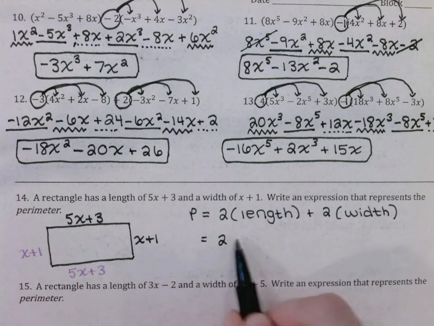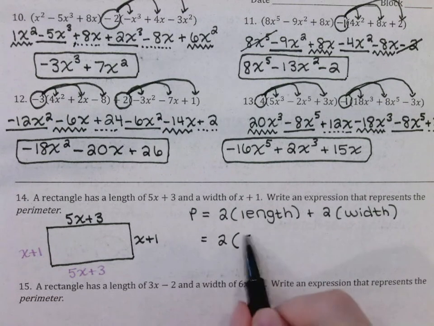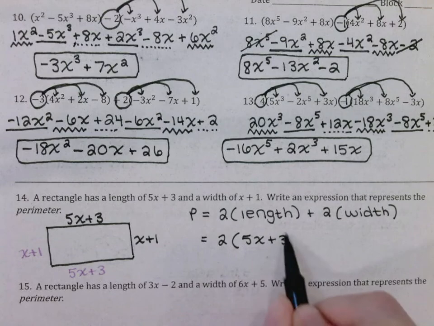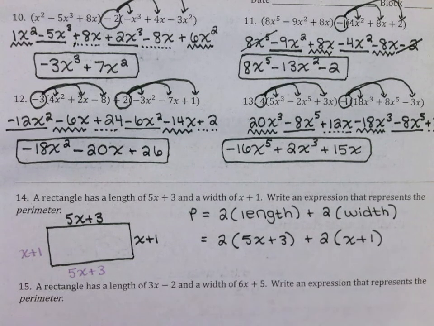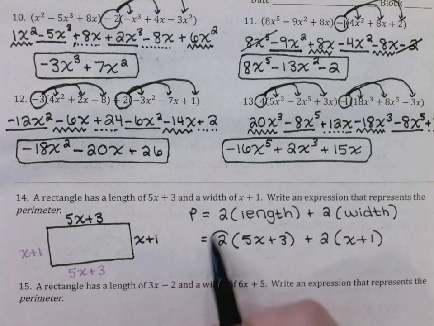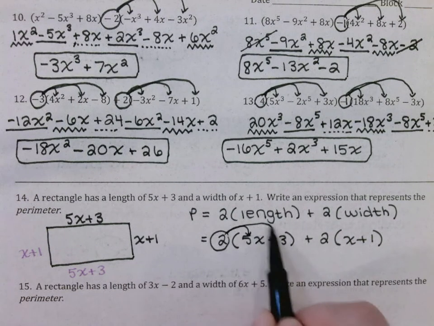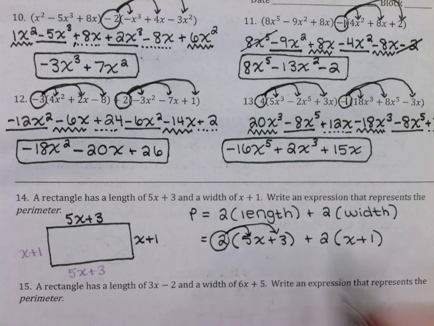So this will be 2 times 5x plus 3 plus 2 times x plus 1. And now we're going to have to distribute these 2's. So I'm going to distribute this 2 to everything, and then this 2 to everything.